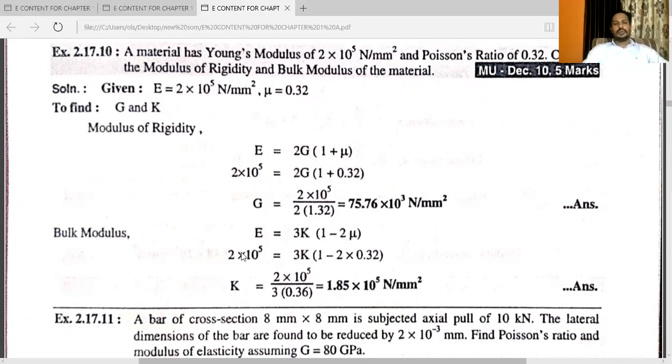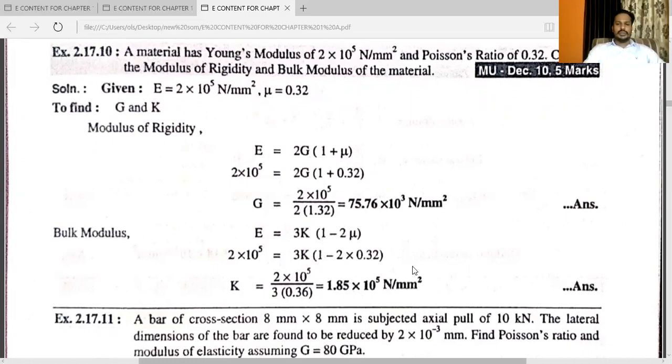So E is equal to 2 into 10 raised to 5 is equal to 3K in bracket 1 minus 2 into mu, where mu is 0.32. After putting all the values in the formula, K is equal to 2 into 10 raised to 5 upon 3 into 0.36. So the answer will be 1.25 into 10 raised to 5 Newton per mm square.